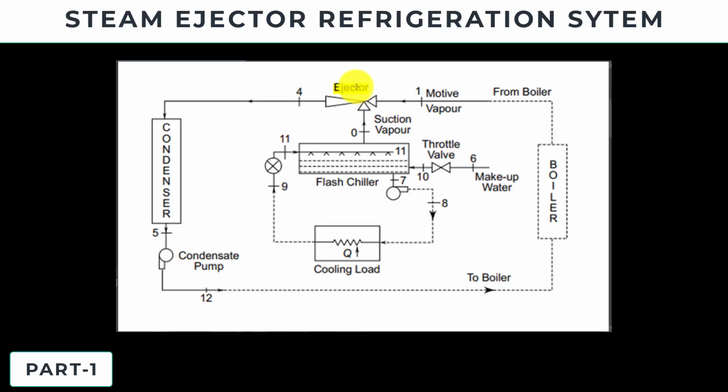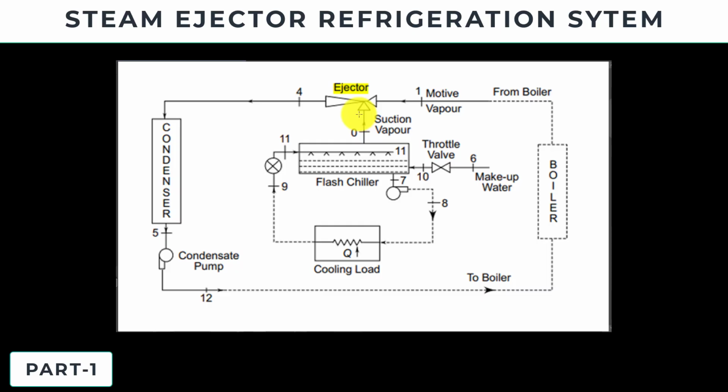Now, if you will see in the single line diagram, we have the ejector. This serves as your thermal compressor. It consists of a nozzle, a suction chamber and a mixing chamber.